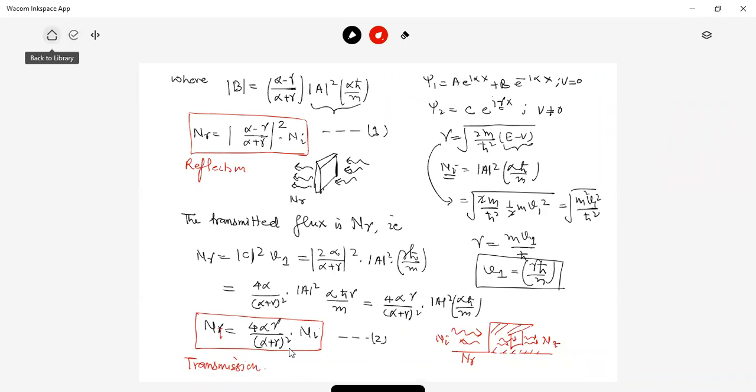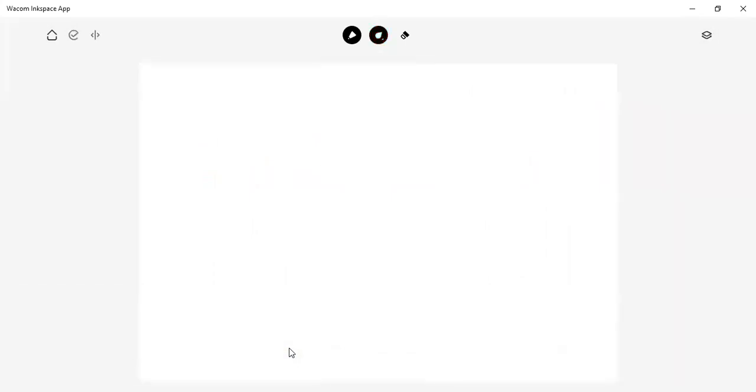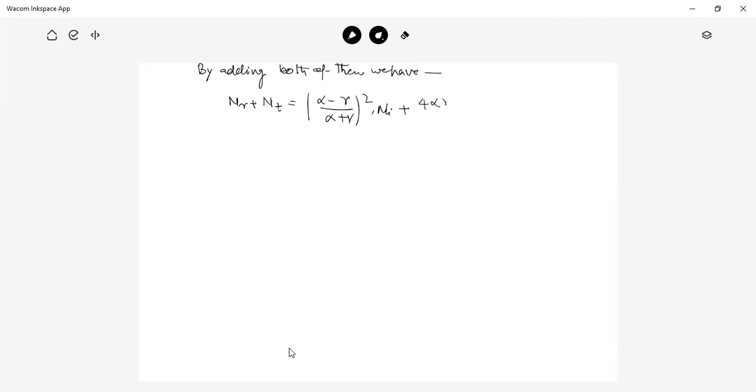If we add both of them, we have Nr plus Nt equal to alpha minus gamma whole square upon alpha plus gamma whole square Ni plus 4 alpha gamma upon alpha plus gamma whole square into Ni.